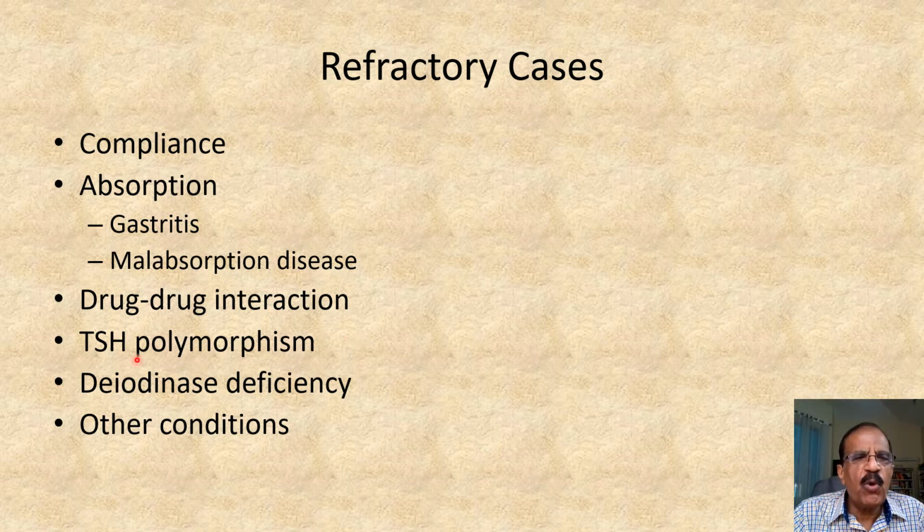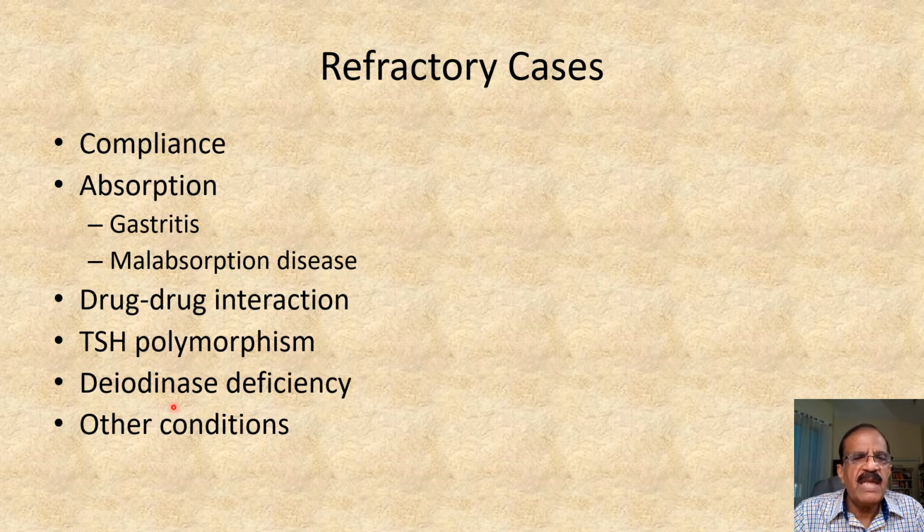Then TSH polymorphism. This means that sometimes the patient may have enough thyroxine, but because of some abnormality in the TSH receptors or TSH itself, TSH might stay high. So then we rely on T4. Deiodinase deficiency.